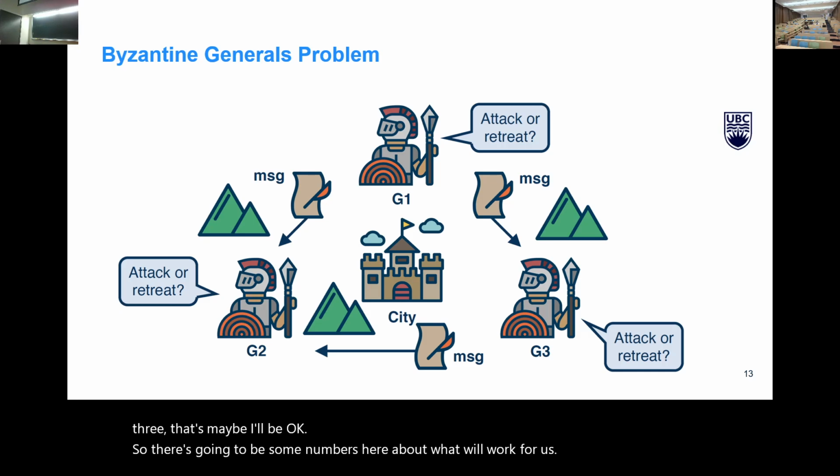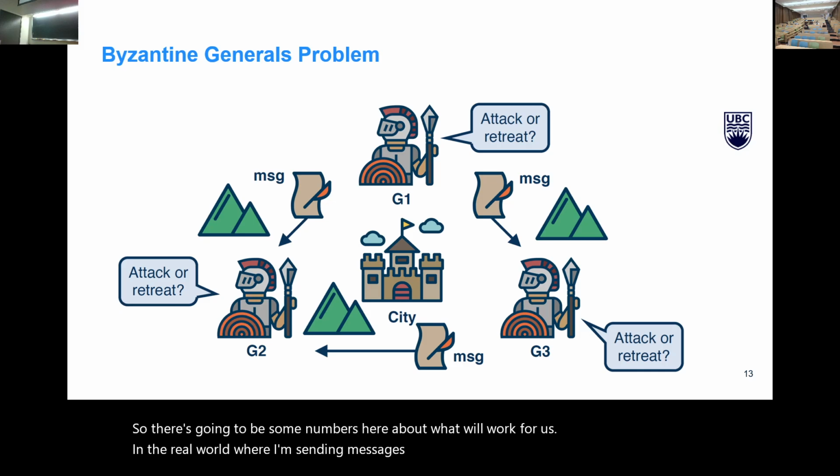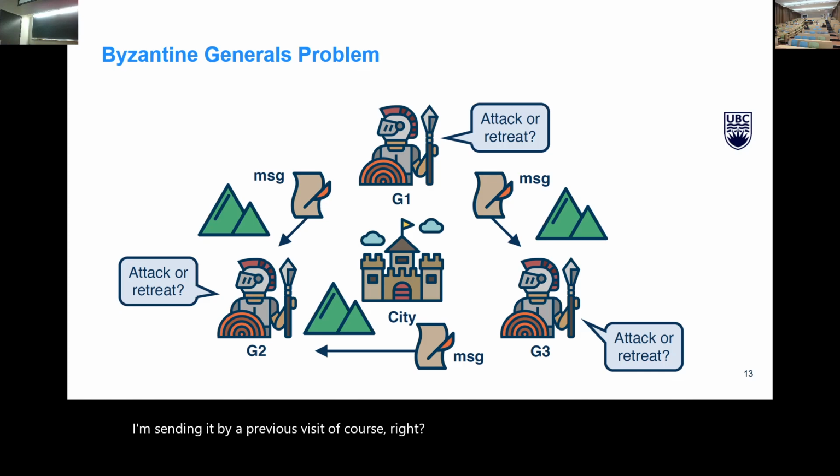In the real world, where I'm sending messages back and forth, I am sending them via carrier pigeons, of course, right? What is that? RFC 1149? IP over Avian Carriers.